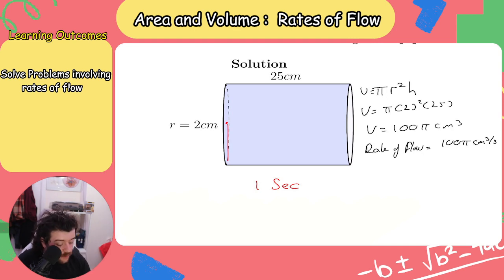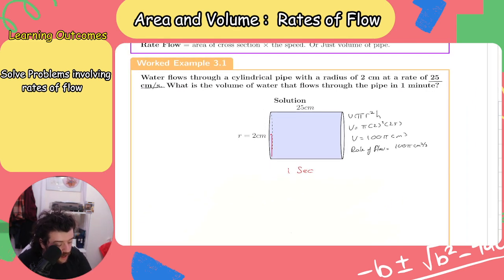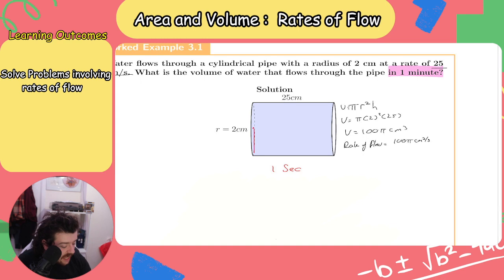But that's not what the question asks. The question asks about the pipe after 1 minute. So how much water flows through the pipe after 1 minute? Well, if after 1 second it's 100 pi centimeters cubed per second, what's 1 minute? 1 minute, if you recall, is equal to 60 seconds. So I just multiply this answer by 60.